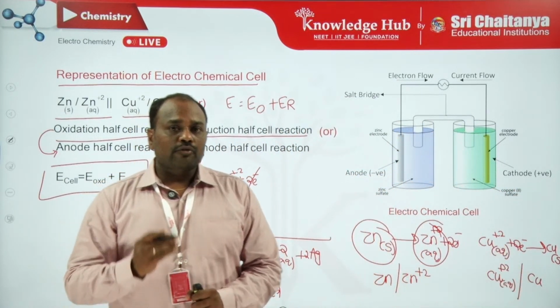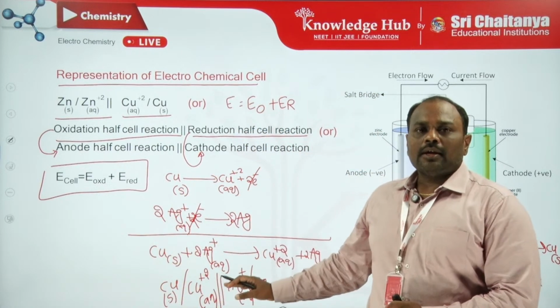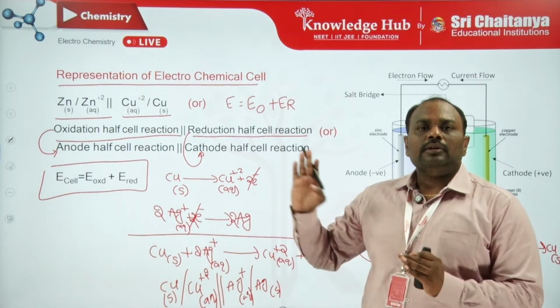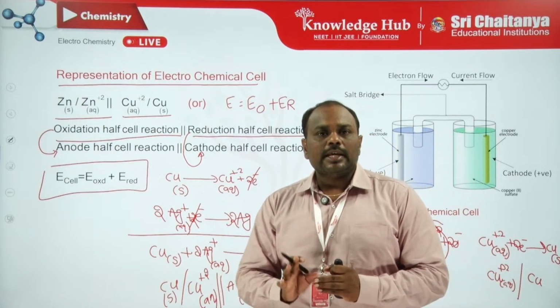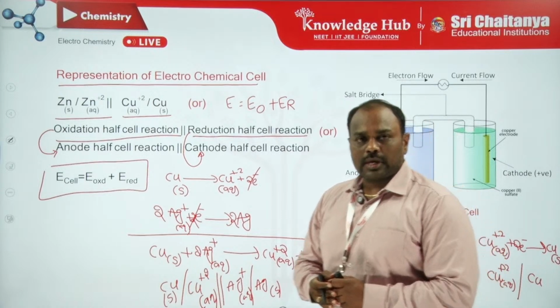Always on the left side we mention the oxidation reaction, on the right side the reduction reaction. Oxidation and reduction are both connected through the salt bridge. That means the overall redox reaction takes place in a galvanic cell or electrochemical cell.